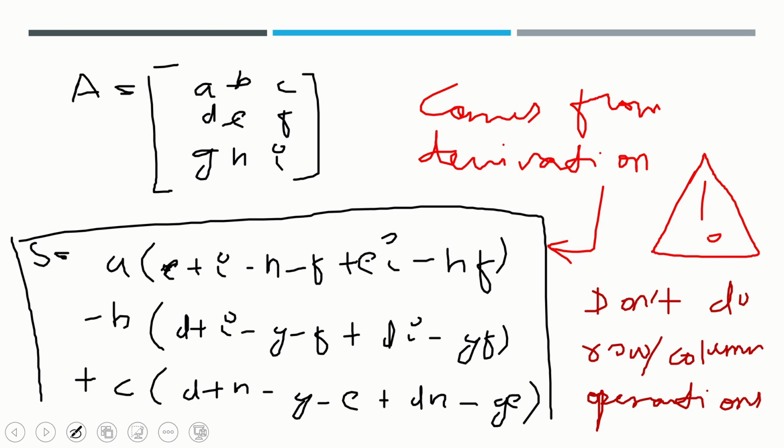And if you add 2, it will give you 3. The first upper element is still 7 after addition of 2, the next element becomes 3, and the entire second row's elements have changed from the first one. What will happen? This determinant will definitely change. The S value will be changed. So this is the reason that you do not do row or column operations.